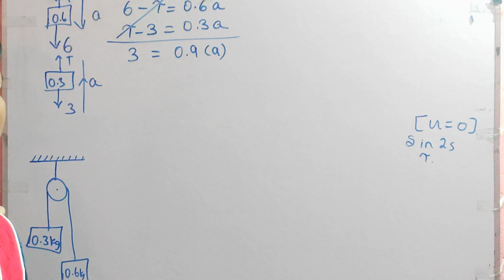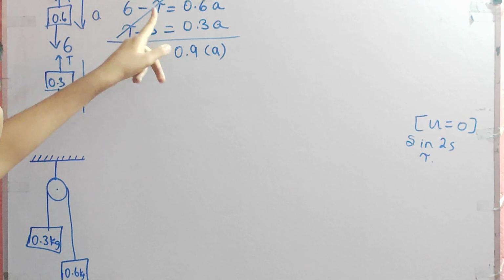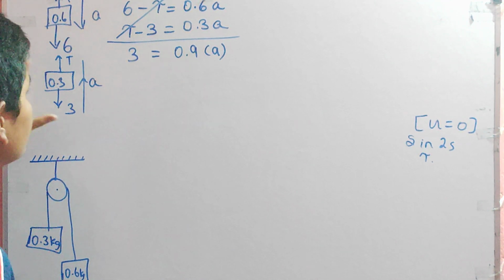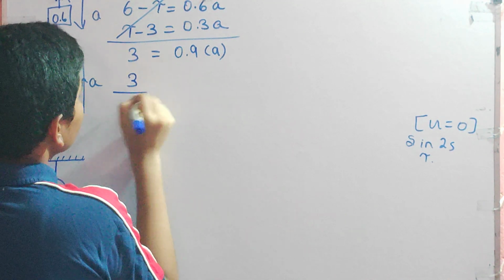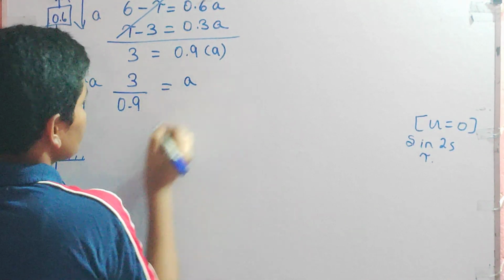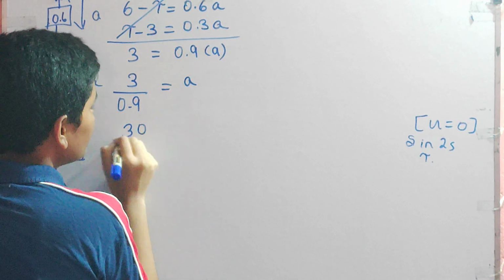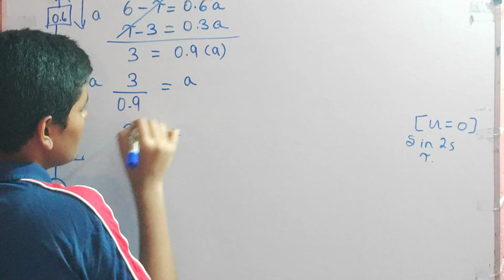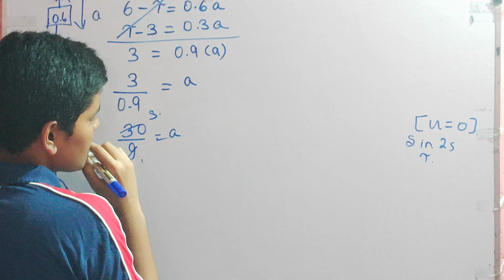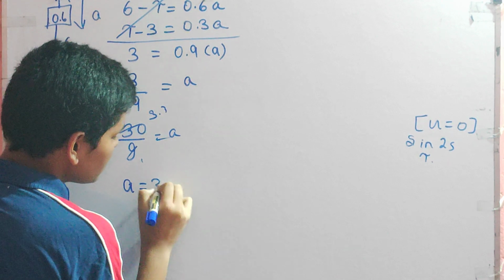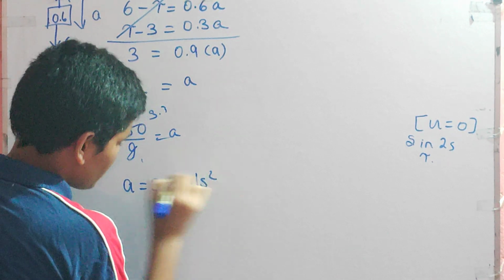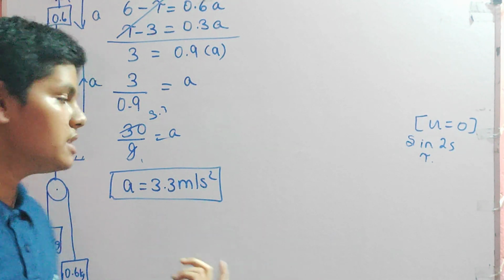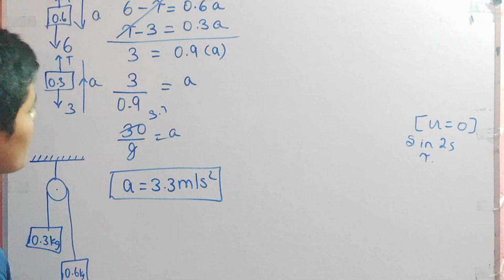So 3 by 0.9 is equal to a. If you multiply both by 10, 30 by 9 is equal to a. Now 30 by 9 is 3.3. So acceleration is equal to 3.3 meter per second square. And this acceleration we are getting when we take g equal to 10 instead of 9.8. So we got the acceleration.